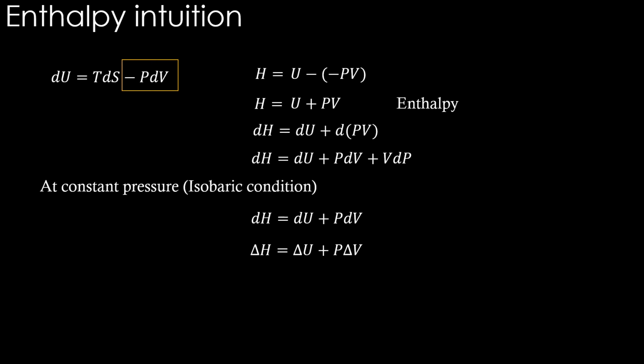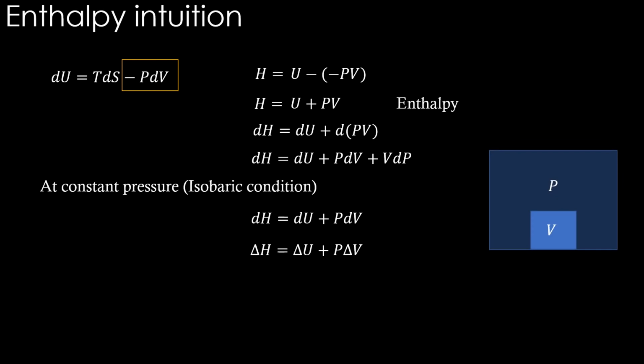Now imagine we have a space with some constant atmospheric pressure P and consider the system to be under this pressure. Let's say a solid with volume V. Let's say this is the final state and imagine the initial state is zero volume of the system, meaning it does not even exist.